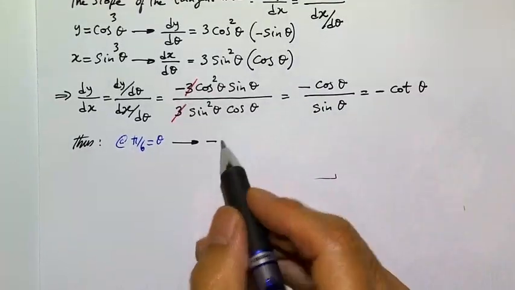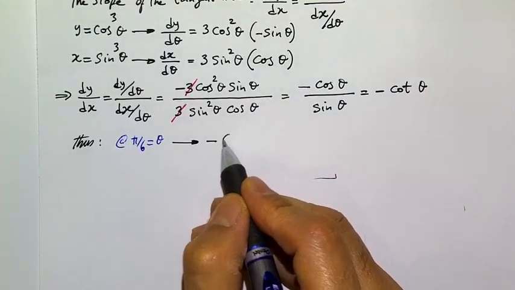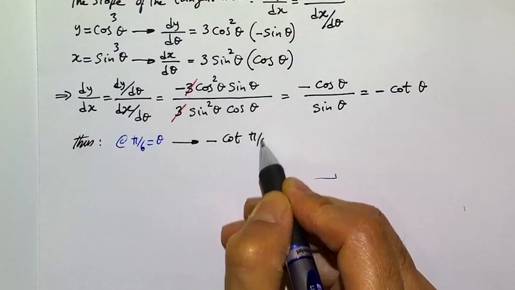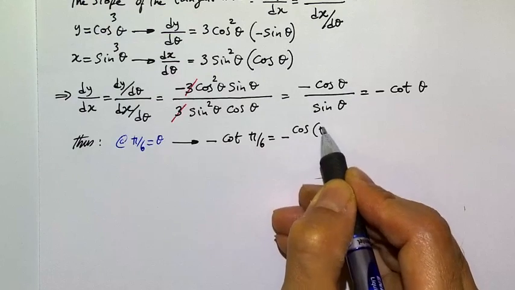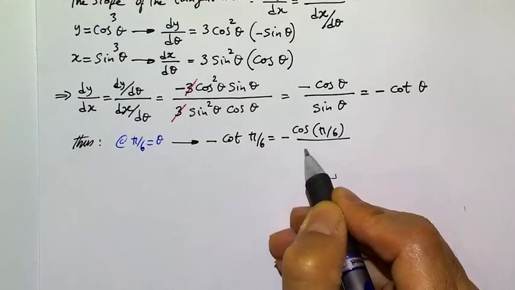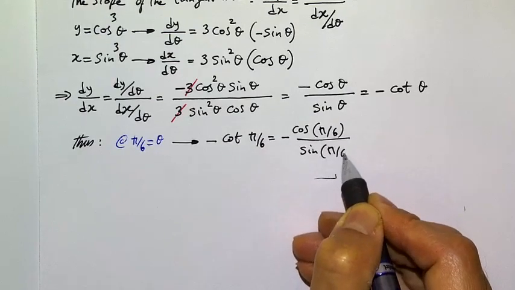Okay, so minus cotangent of pi over 6. This is the same thing as minus cosine of pi over 6 divided by sine of pi over 6.